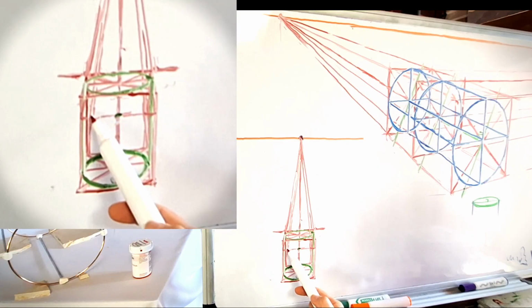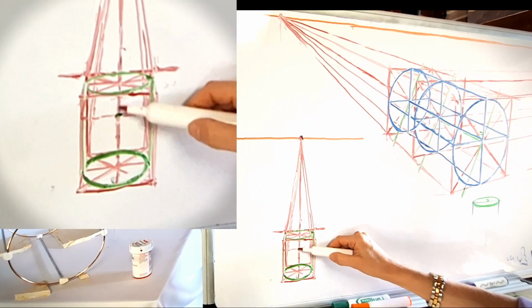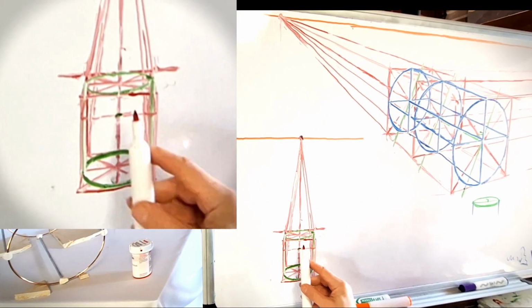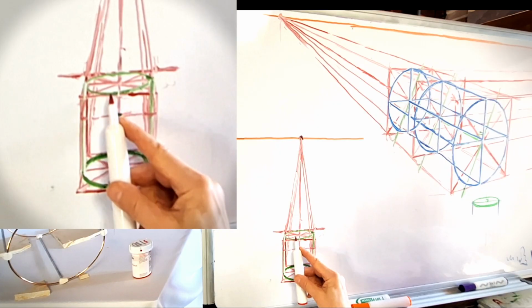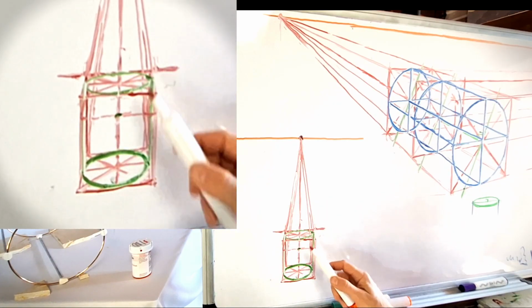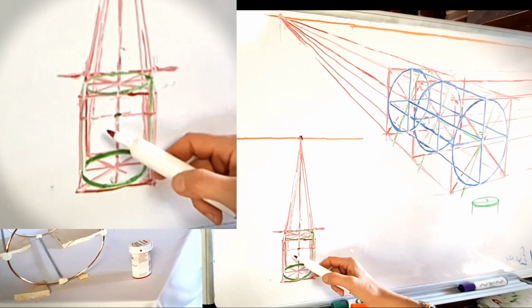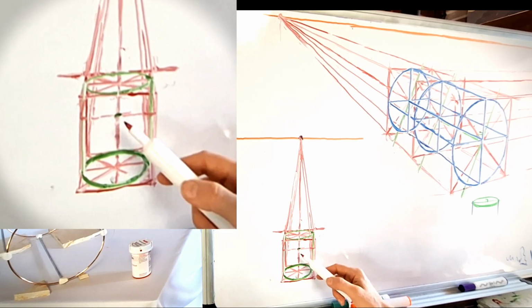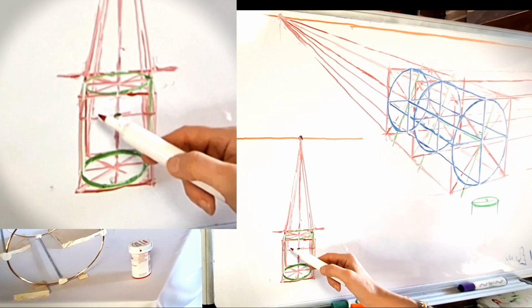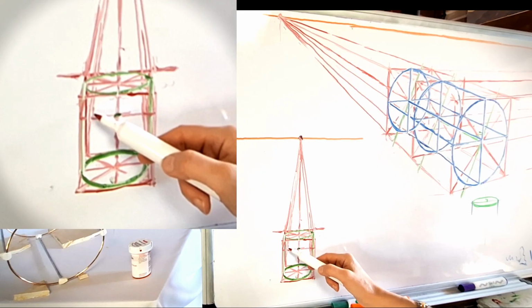So again, you can see that this is slightly wider. Oh, it's almost the same. Okay, so that just is determined by the thickness of the lid of the box. So it's not wider, it's about the same.